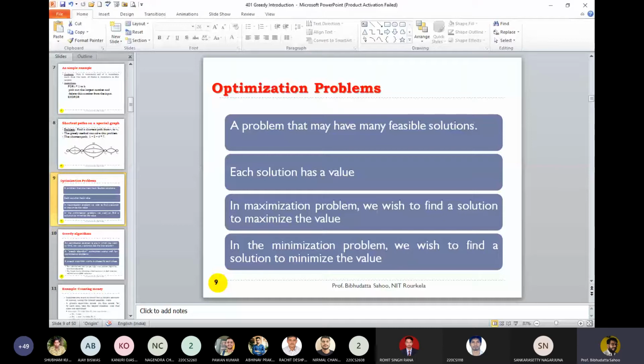Can anybody write? Just like we write the problem statement for the 0-1 knapsack problem, can you write down a problem statement for finding a minimum spanning tree or maximum spanning tree? Any idea?